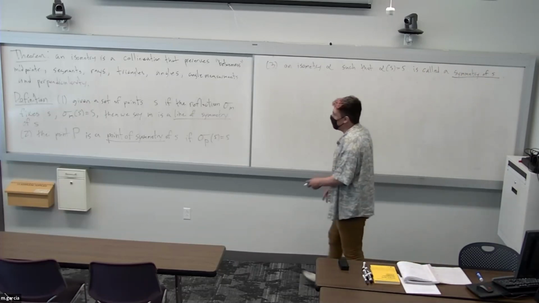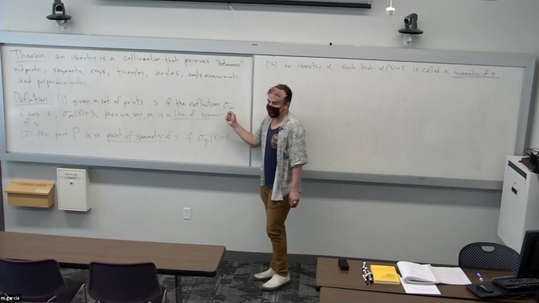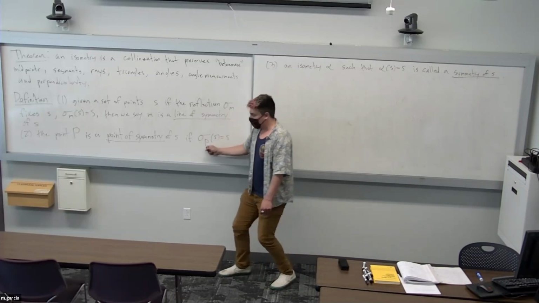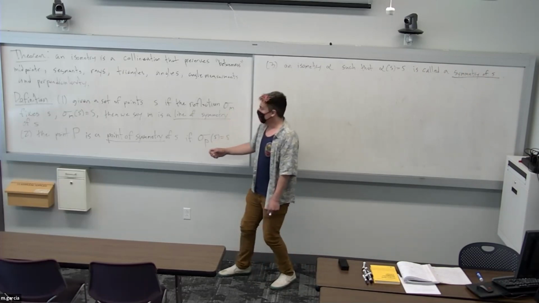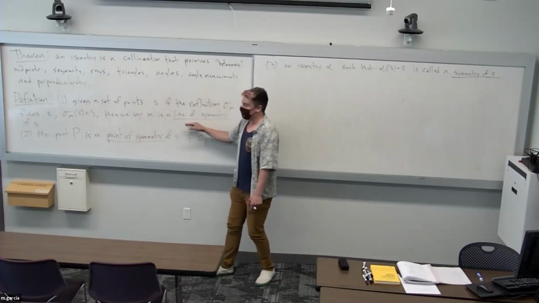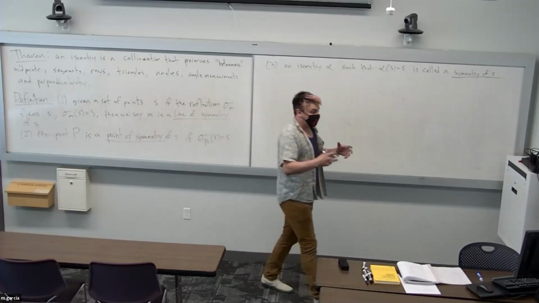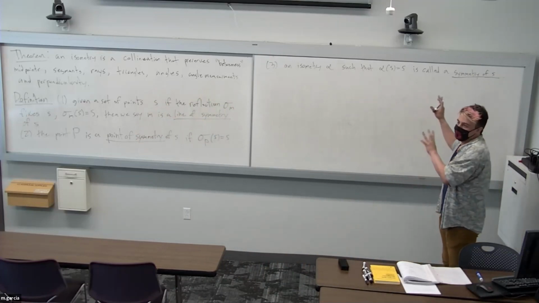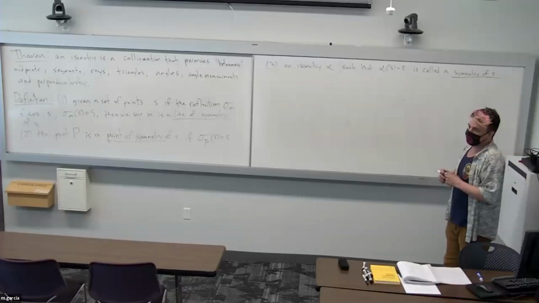When the isometry depends on some geometric object, like a line or a point, then we sometimes use the terminology that that's a point of symmetry or a line of symmetry. But in general, a symmetry is just an isometry. Symmetry for a set is just an isometry that fixes that set.